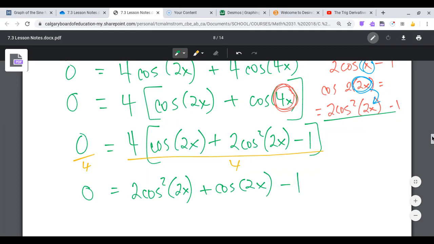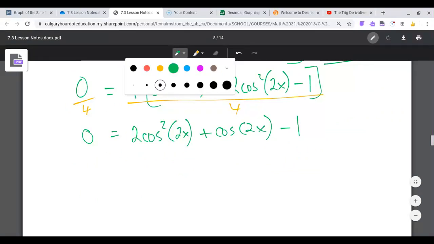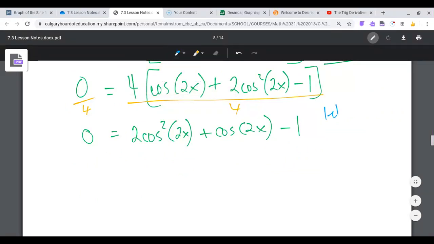Now the question is, can I factor that? Well, what if we said let x equal cos, we shouldn't use the same variable. Let a equal cos 2x.